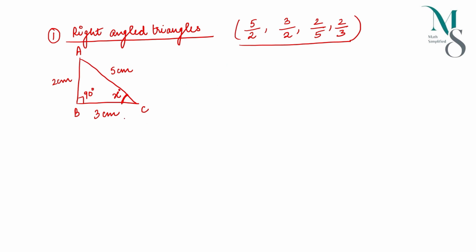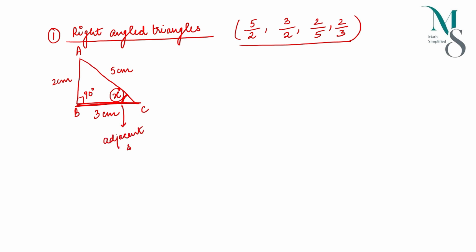Let's first learn about the sides of the triangle. Suppose you have to find out the measure of angle X. The side which is adjacent to the angle, which is side BC, is known as the adjacent side.